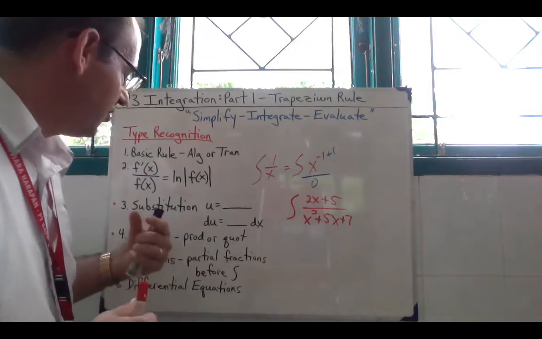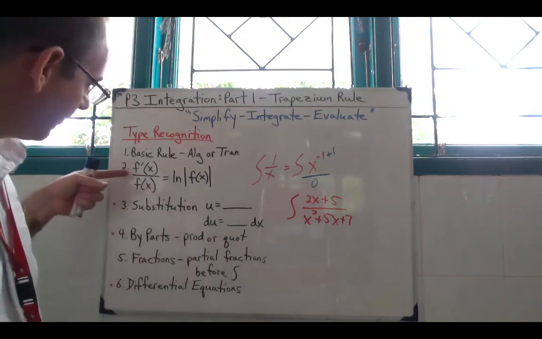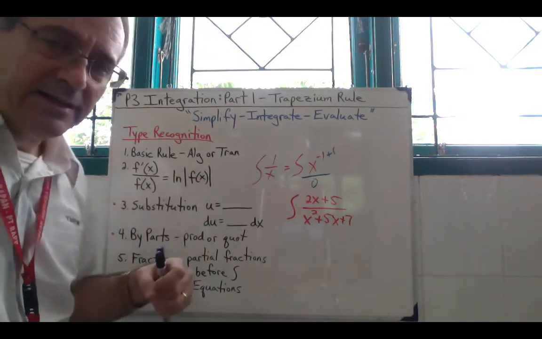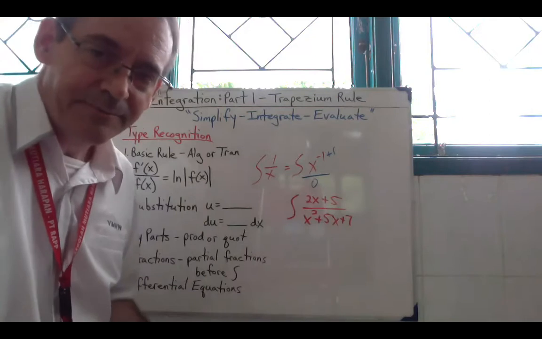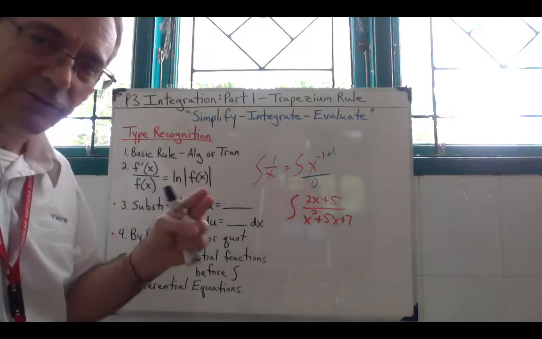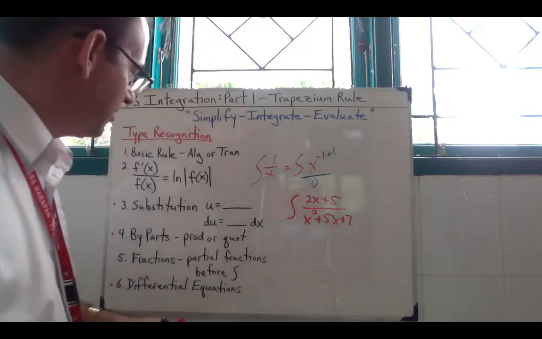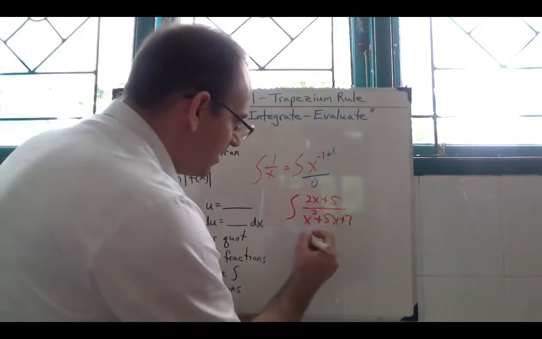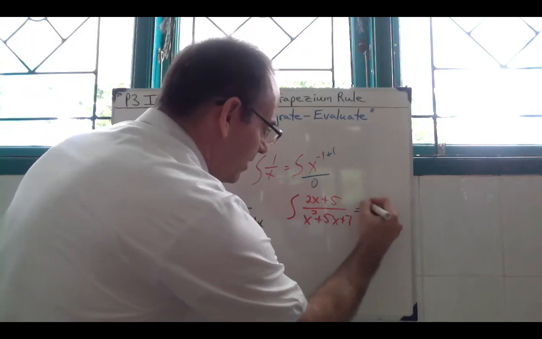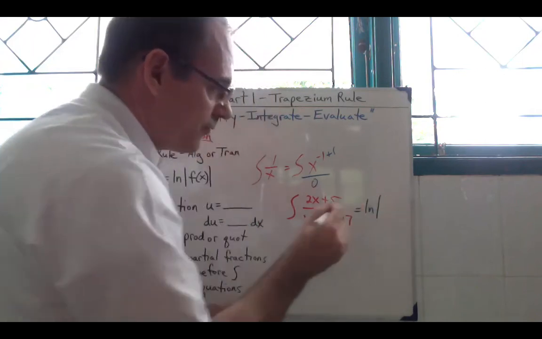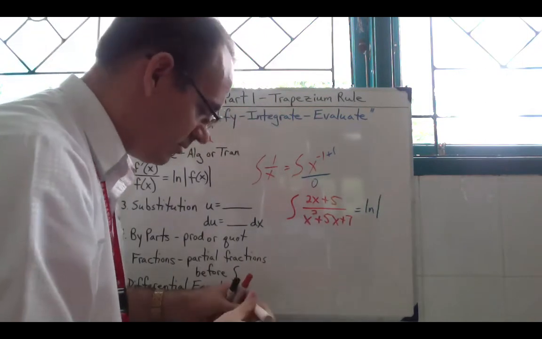Okay, so don't forget that we did cover this back in the transcendental functions when we looked at derivatives and integrals of transcendental functions. But just to review, this then, when you integrate it, would become ln of, and don't forget to use the absolute value.